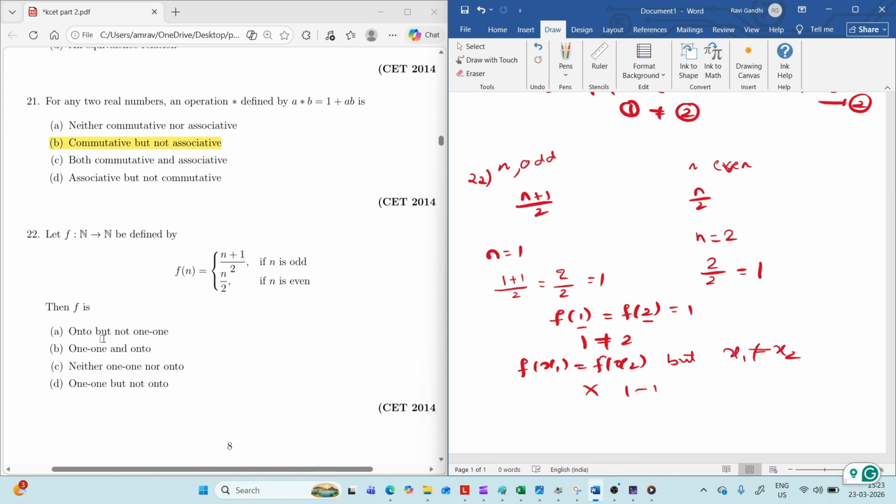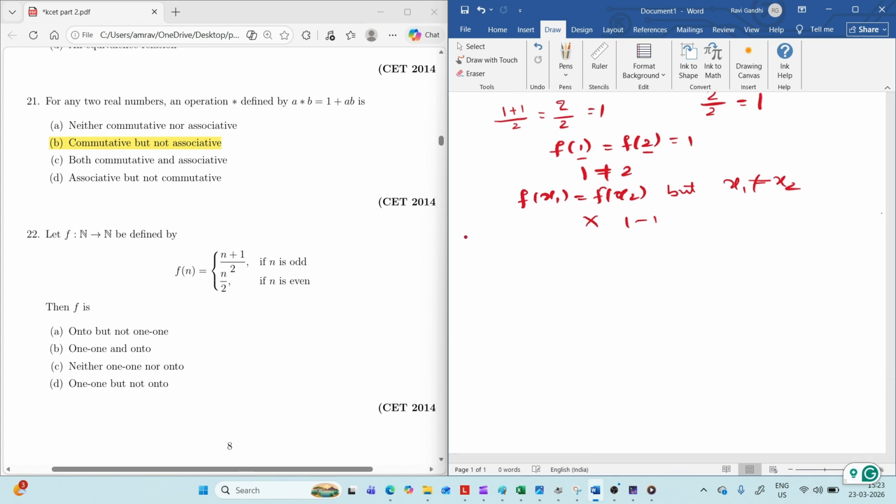So in order to confirm with this, you have to check with onto. Obviously, the function will be onto. So for onto, you will take y is equal to n plus 1 by 2. 2y is equal to n plus 1. So n is equal to 2y minus 1.